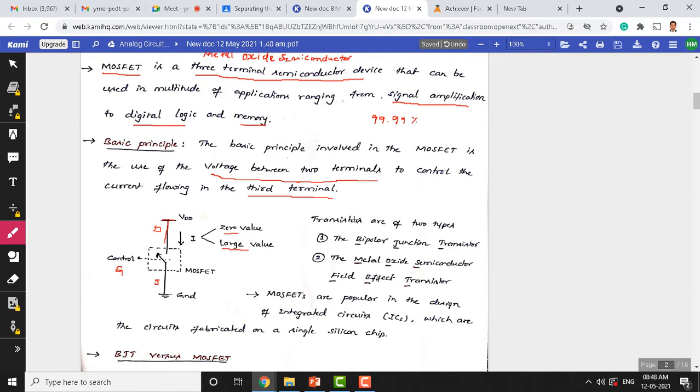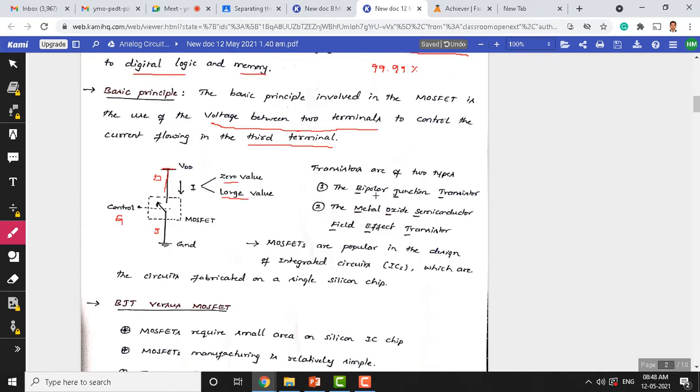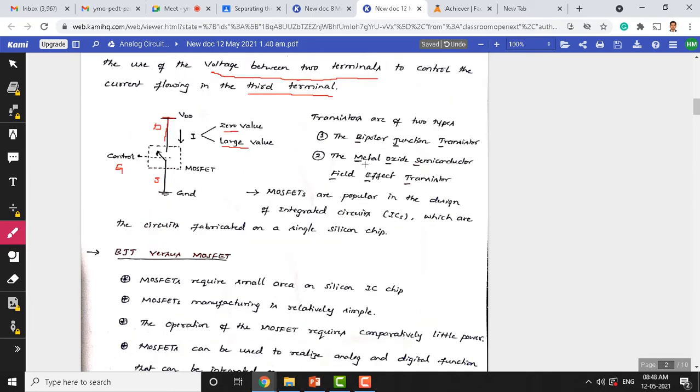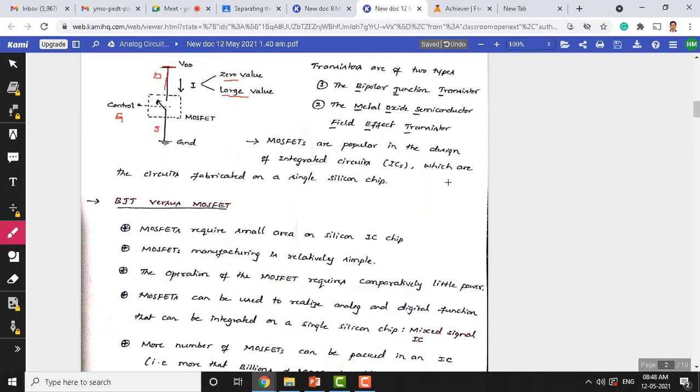Now let us see the different transistor types. As we already discussed the bipolar junction transistor, it's time to look into metal oxide semiconductor field effect transistors. Why are MOSFETs so popular? MOSFETs are popular in the design of integrated circuits, which are circuits fabricated on a single silicon chip.